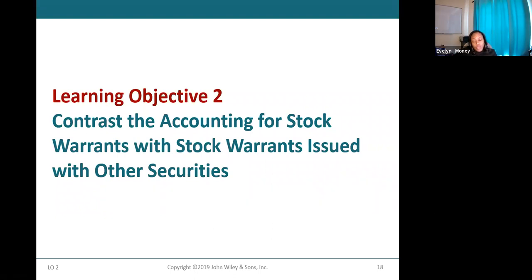And we'll see that through the use of a preemptive right, because remember, stockholders have the preemptive right to purchase additional shares of stock when they're issued first. They get that right first. So in order to secure their right, we will give them stock warrants that are usually offered at a discount price so that they can take advantage of the additional shares that are being issued first.